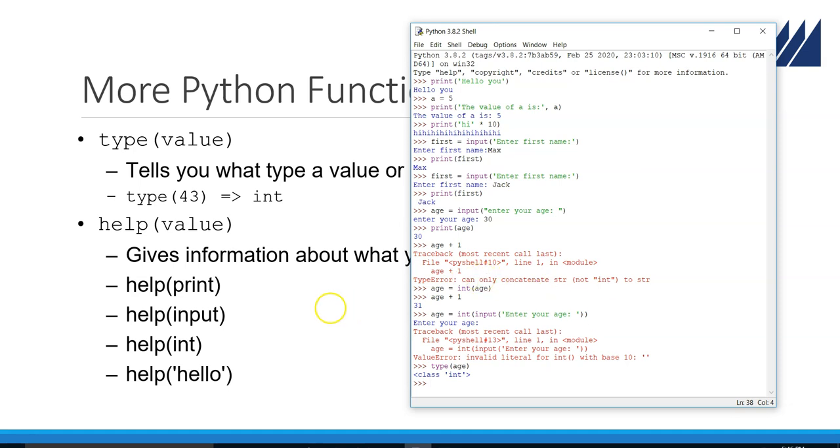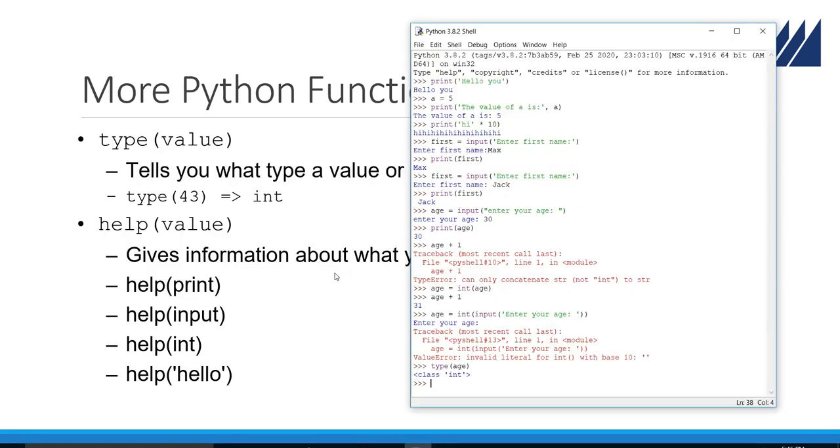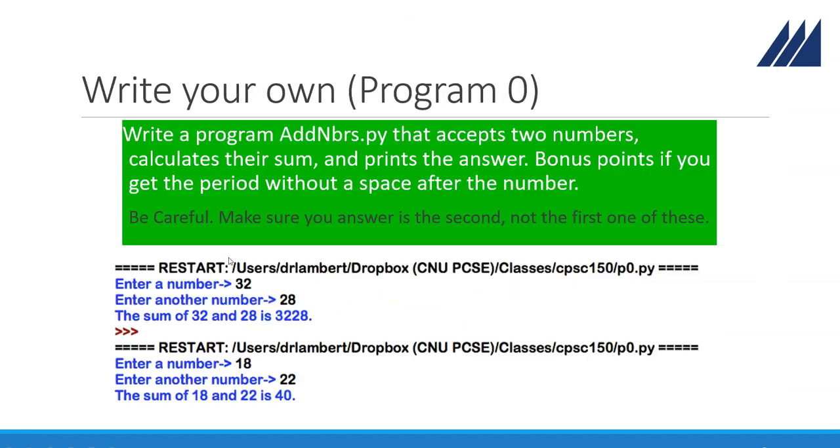Help also will give you more information about the functions that you want. For example, if I go back again here and say help between parentheses, I need help with the print function that I just learned. It's going to give you the documentation for it. What is help supposed to do? It's a built-in function to print basically to the screen or to the output that you have. Okay, let's go ahead and continue.